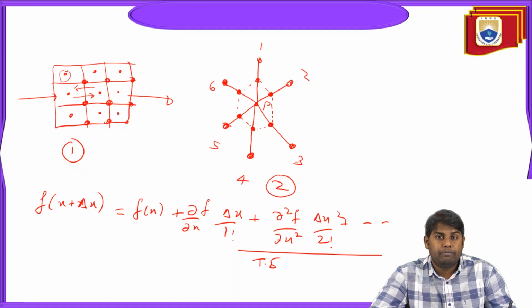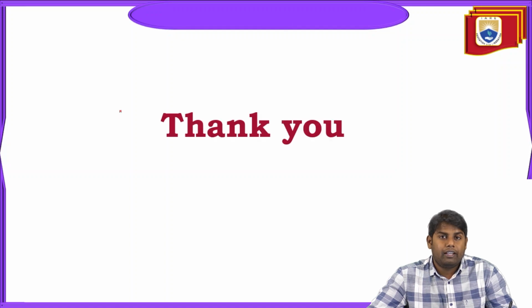If not, it will lead to errors. The errors basically are of different types. We have dissipative errors, dispersive errors, round off errors, and numerical errors. These errors we have already seen.